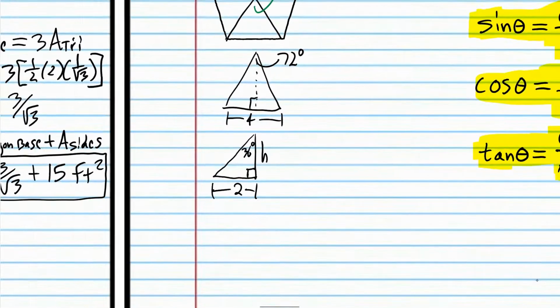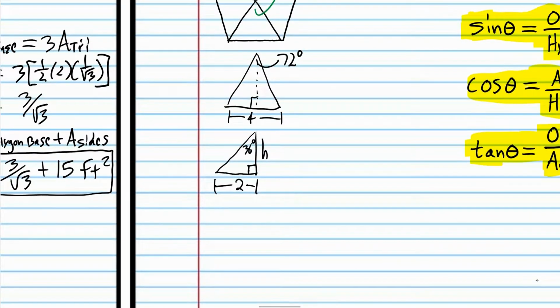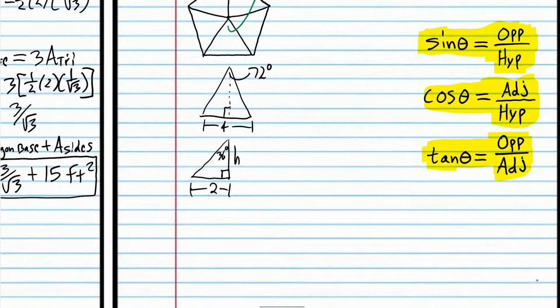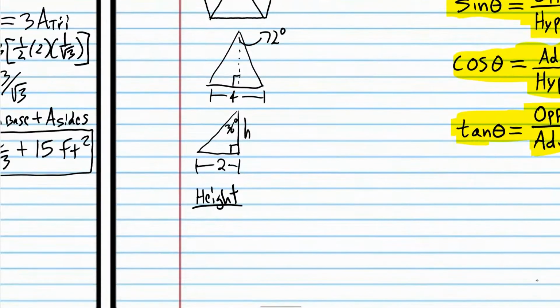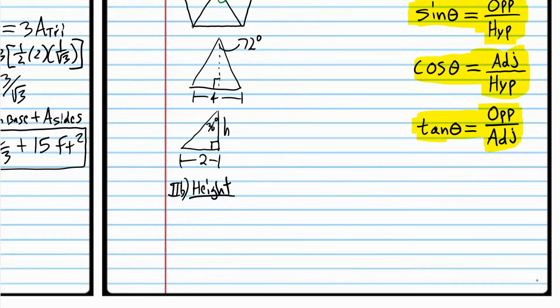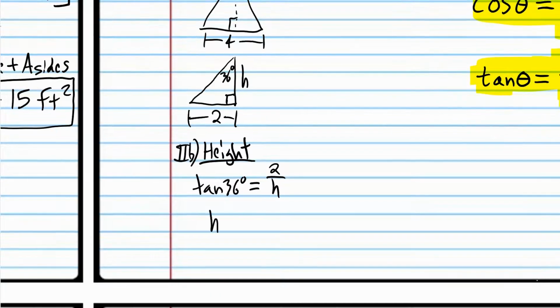And so we can use the trig ratios to find the area of the bases. So height, now we're on part 2b, and we're going to need tangent 36 degrees is equal to opposite over the height, and solving for the height we get 2 over tangent 36 degrees.